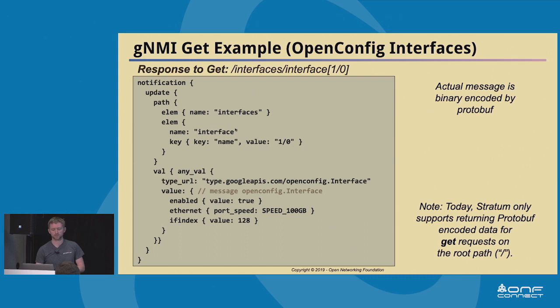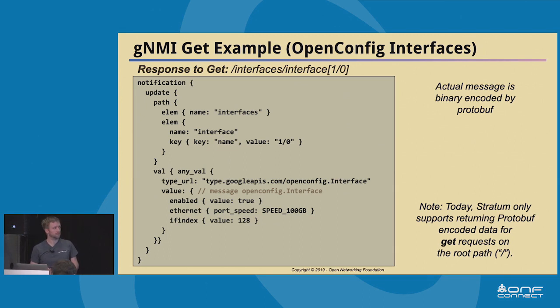So this is the path portion. And then we can use any val, and we could say that this is of type openconfig-interface. And then the value of that openconfig-interface is going to be a message defined by our compiler that's going to have things like enabled, port speed, and maybe the interface index.